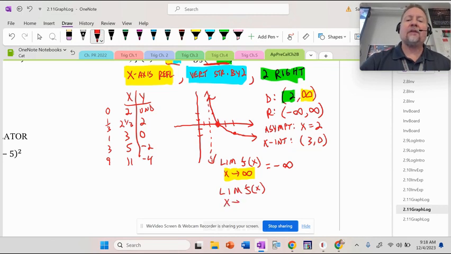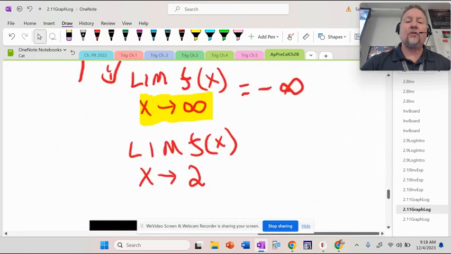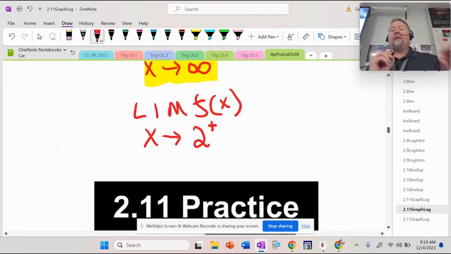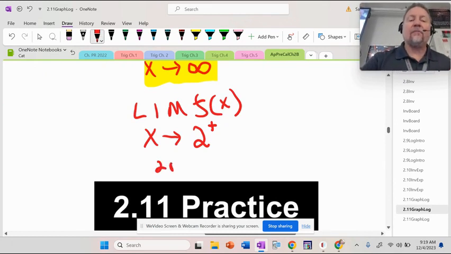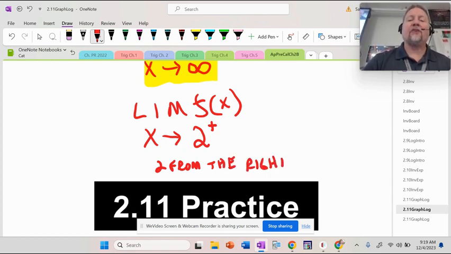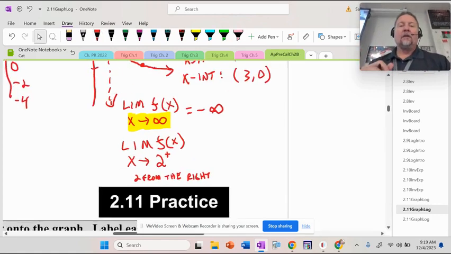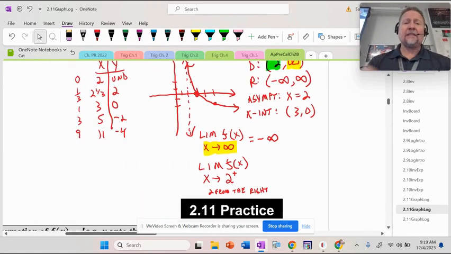So it's a 2 with a big plus right here. That means 2 from the right. This is review. What that means. We've already asked this with rational functions with vertical asymptotes. We did. Okay. So we can't spend a lot of time on it. There is no time to spend on it. You either get it or you don't at this point.